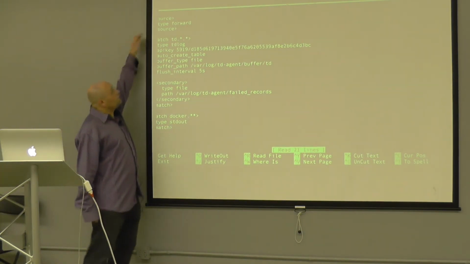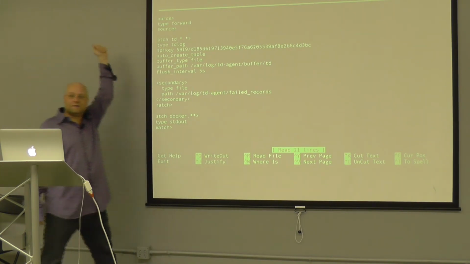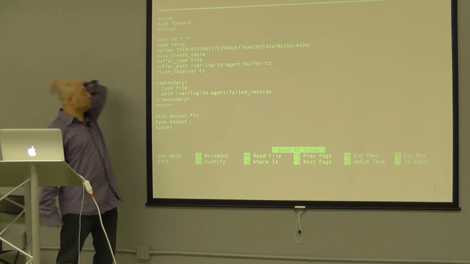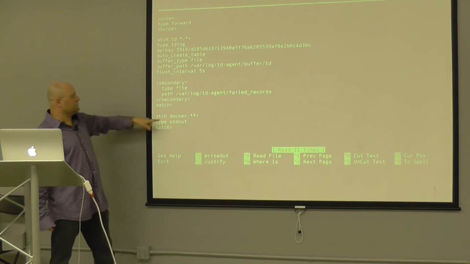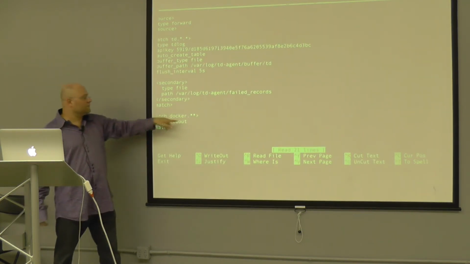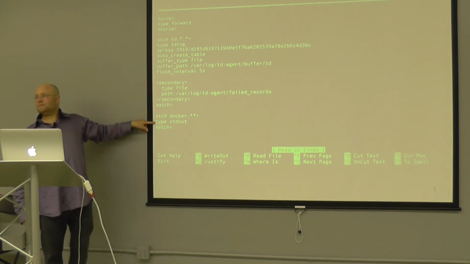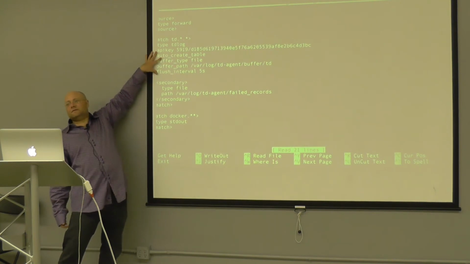So we have the source plugin, and it says type forward here, right? And this is just saying, okay, we're going to take the data that's coming in and we're going to send it somewhere. What data are we interested in here? Well, in the case of Docker, if it's coming from a Docker container, we're going to look for standard out messages, right? And that's what's happening here. And then we're going to do all this stuff to it, right?